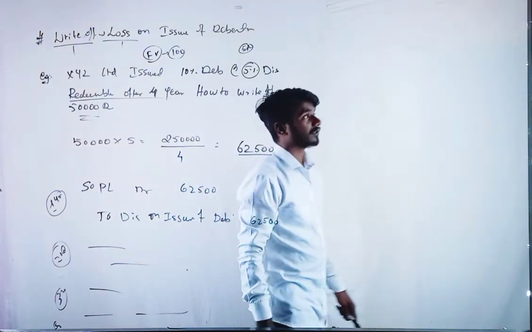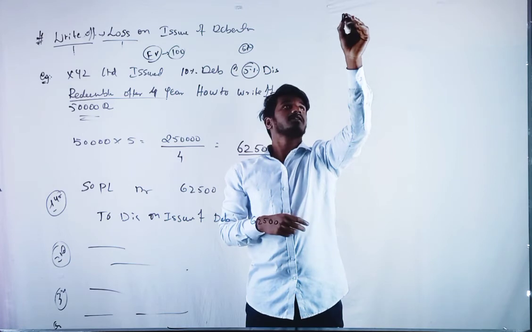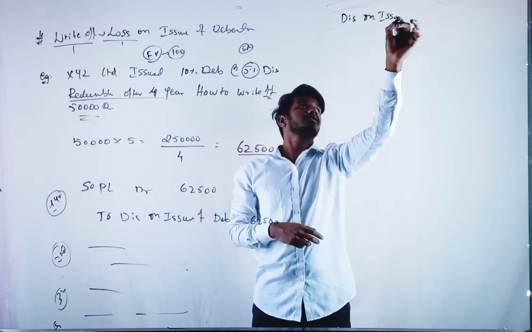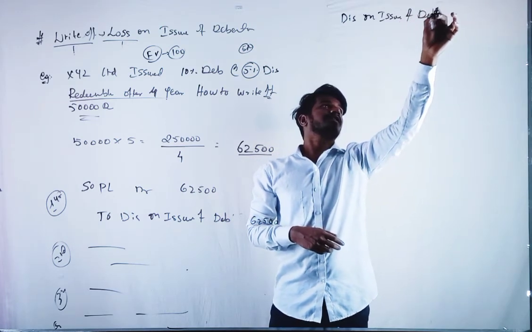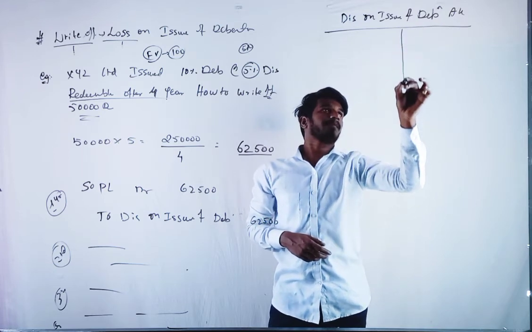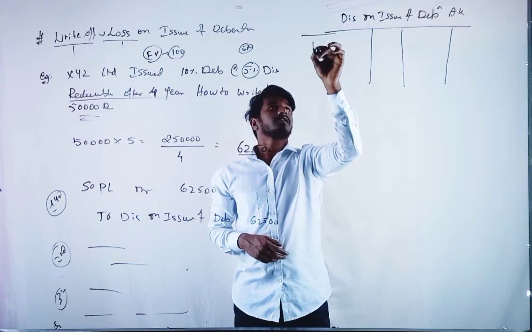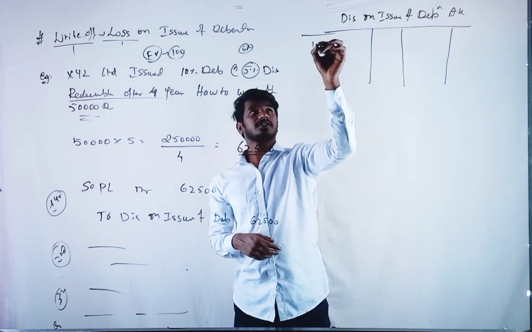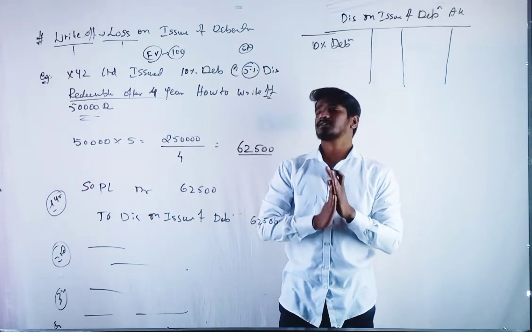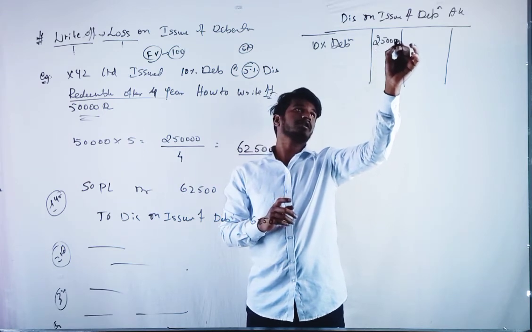That's it. And we should make discount on issue of debenture account, T-shaped. Okay, how many percentage? 10% debenture, right? 2 lakh 50,000 total.